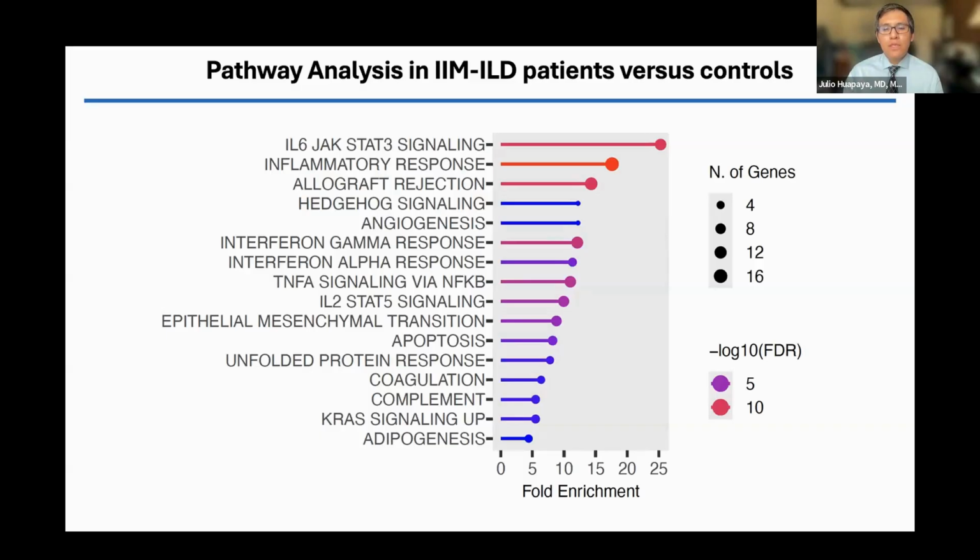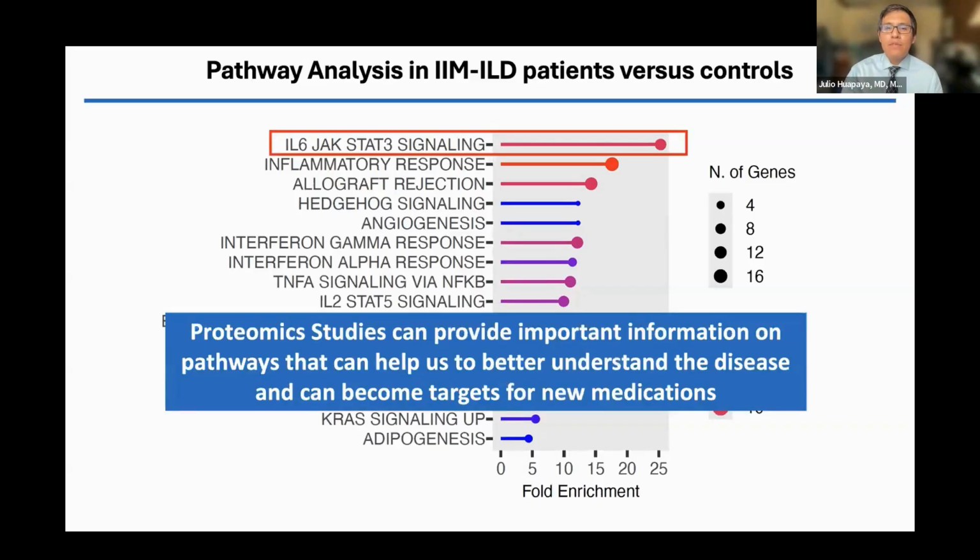And the way to do this is you can imagine there is the inflammatory pathway or the fibrotic pathway that involves 200 proteins. So you see how many of those proteins you have in your data. And to make the story more concise, you can see what pathways are important in your data.